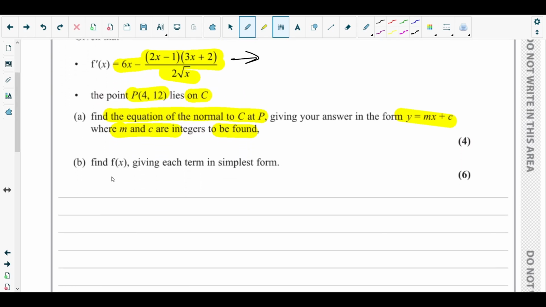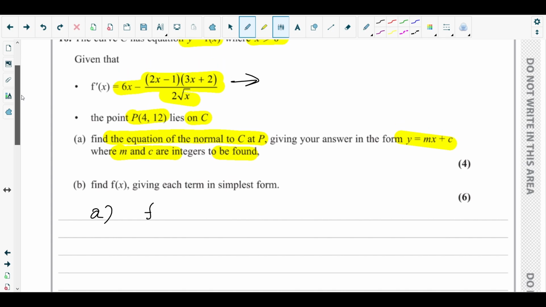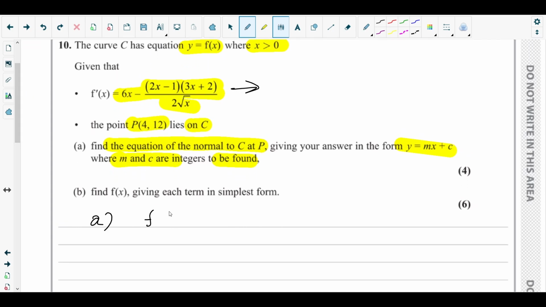We will find the gradient of the curve at P, that is the gradient of the tangent to the curve C at P. So f dash at x equals 4: 6 times 4 is 24, minus (4 times 2, that is 8, minus 1, that is 7) times (12 plus 2, that is 14), over 2 square root of 4, that is 2 times 2.